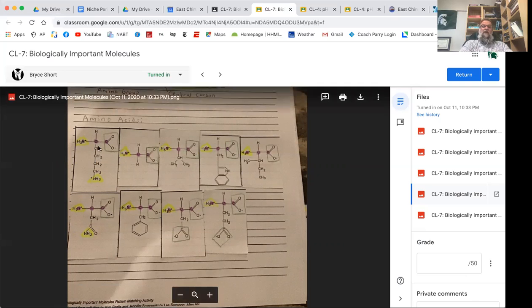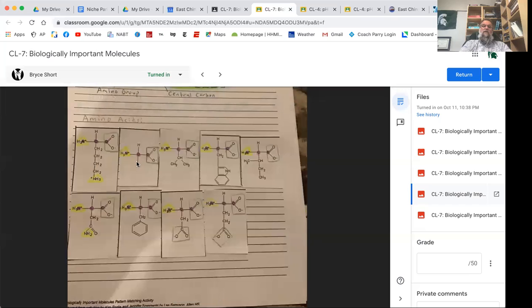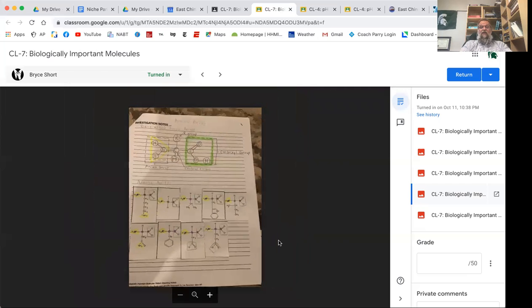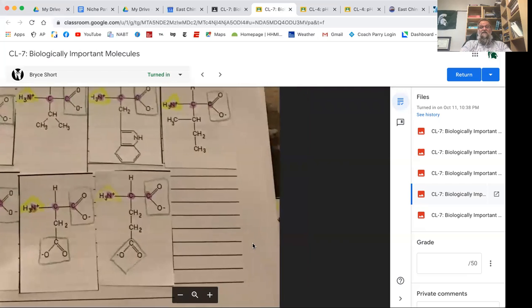Here's the hydrogen, and right here, there's your R group. Amine group, central carbon, carboxyl, hydrogen, R group. You can see a pretty clear pattern that will help you identify the amino acids.